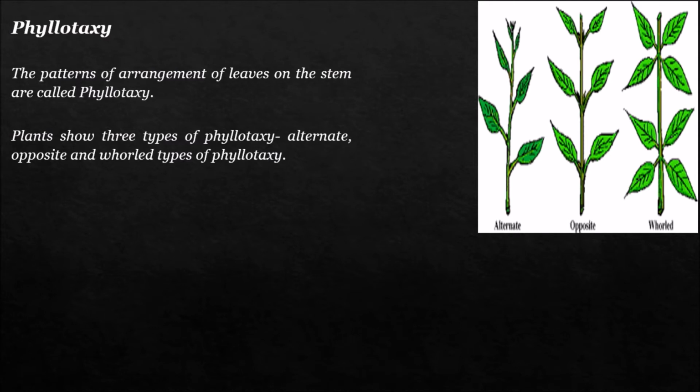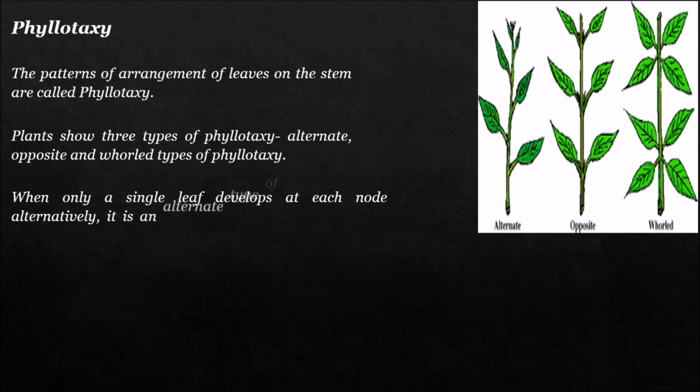The patterns of arrangement of leaves on the stem are called phyllotaxy and these are of 3 types: alternate, opposite and whorled. When only a single leaf develops at each node alternatively, it is called alternate type of phyllotaxy.